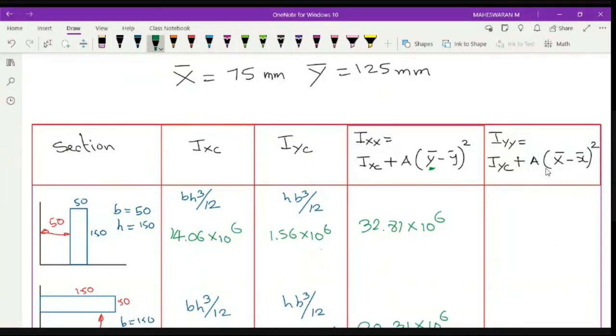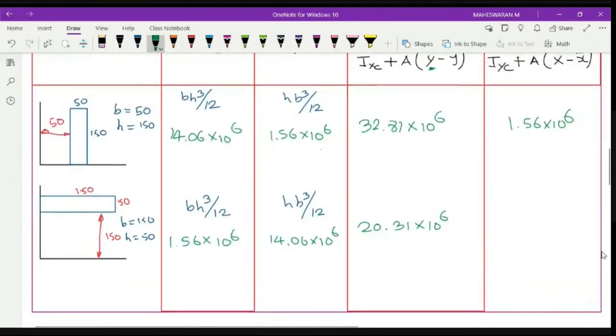I think capital X bar and small X bar are the same. It gets cancelled. So which means IYC is just the direct value. So I think it will be 1.56 into 10 power 6. And this will also be 14.06 into 10 power 6. I think this will be your answer.